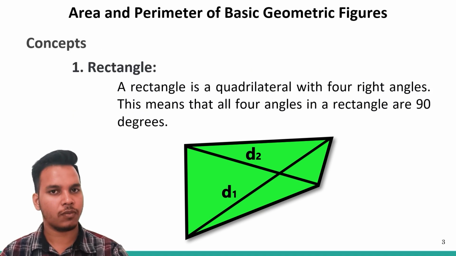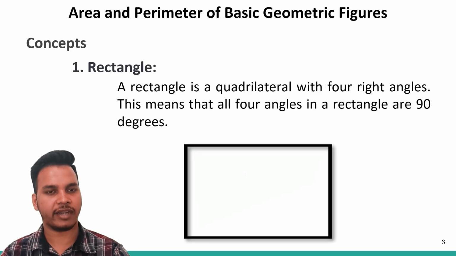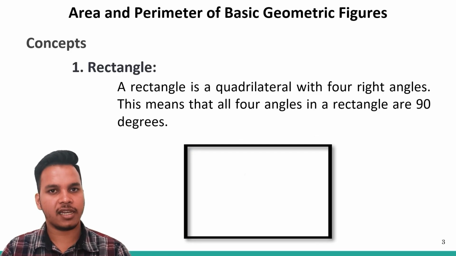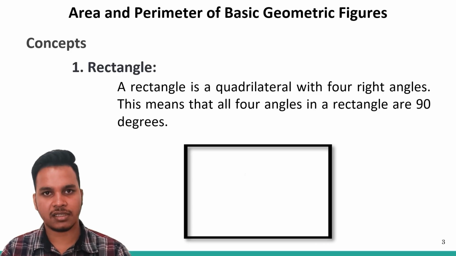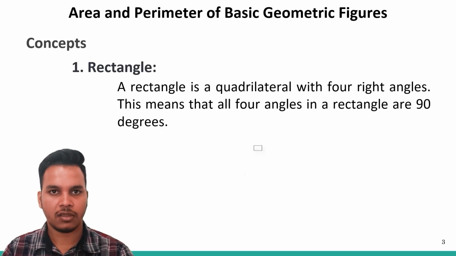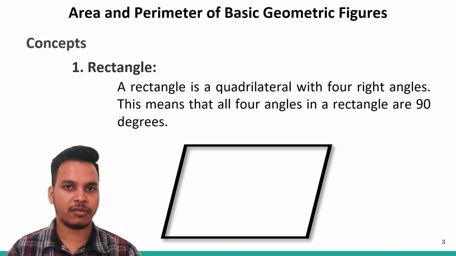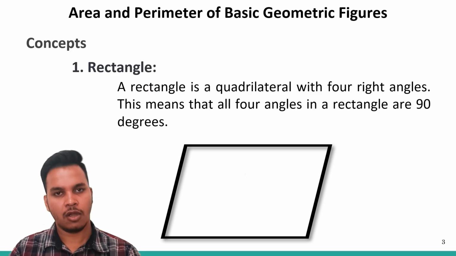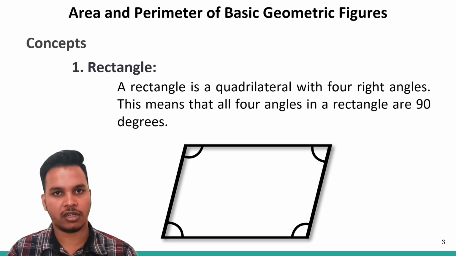So the first thing we need to know is a quadrilateral called a rectangle. What is a rectangle? A rectangle is nothing but a quadrilateral with 4 right angles. What it means is that all 4 angles in the quadrilateral are 90 degrees. If you pick a random quadrilateral, you will have different angles at each corner, right?